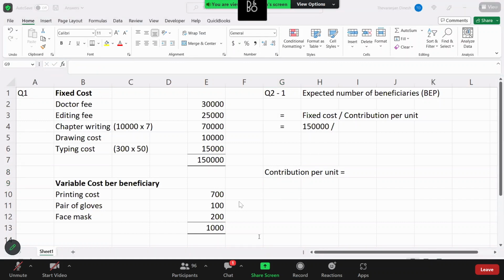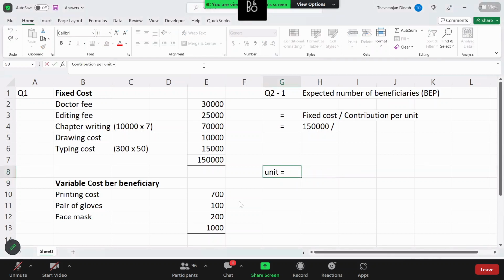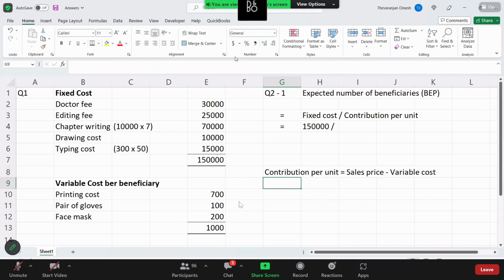Yes, very good. Contribution per unit is sales price minus variable cost. That is the standard formula. But here we are not selling anything. We are only giving the handbook free of charge.